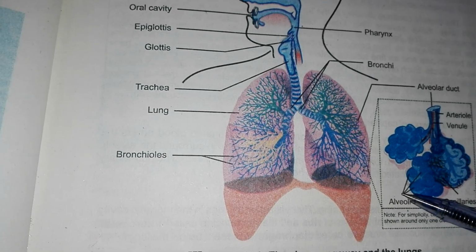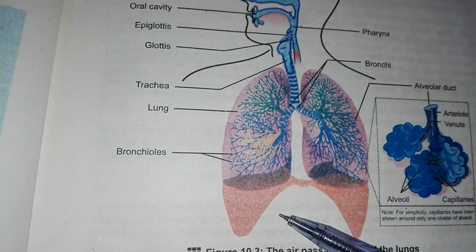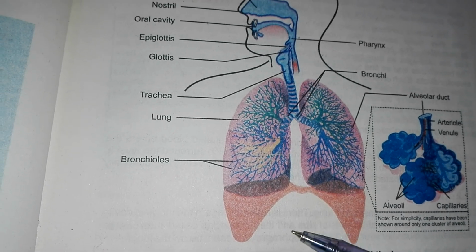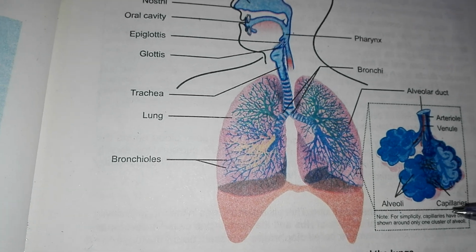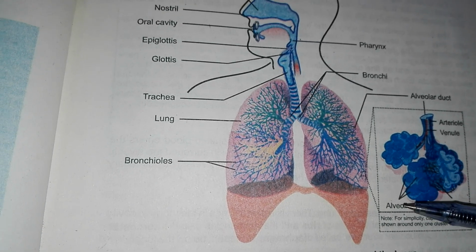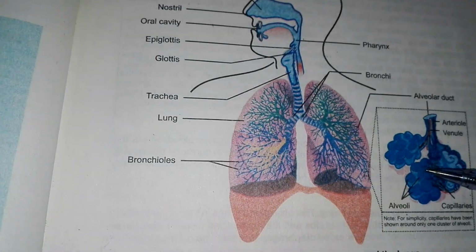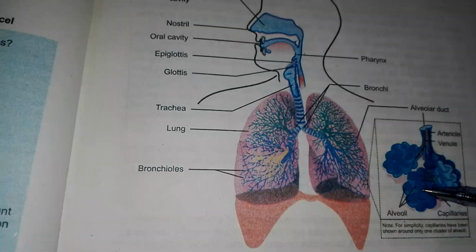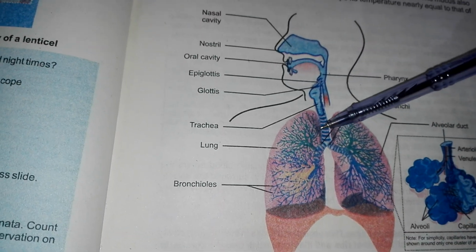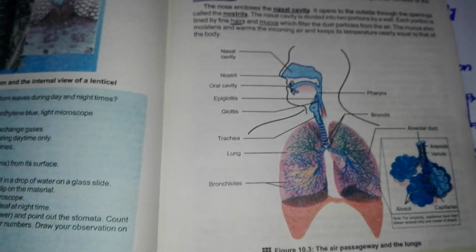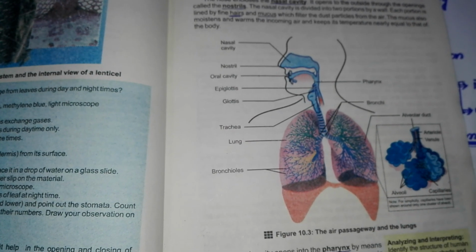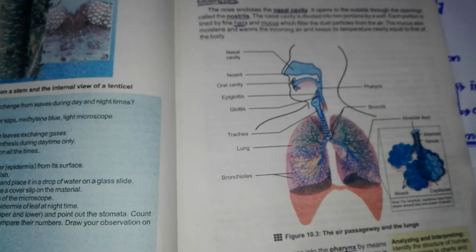Then this oxygenated blood comes to the heart, and the heart provides the oxygenated blood to the whole body. After that the carbon dioxide comes into this structure, and through this structure it goes back into the environment. So this was our respiratory system, and we saw how the gaseous exchange takes place in humans.